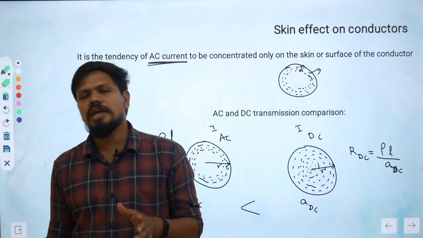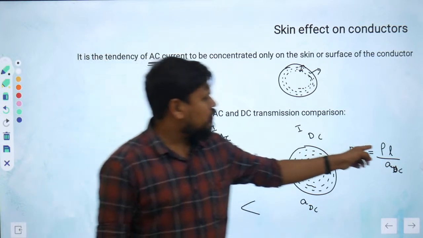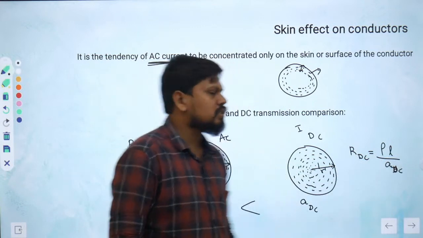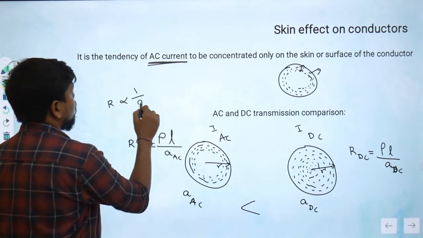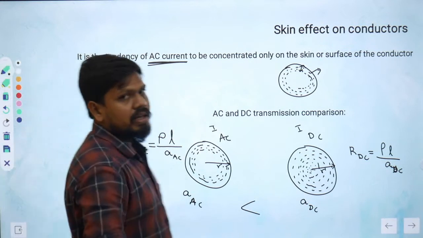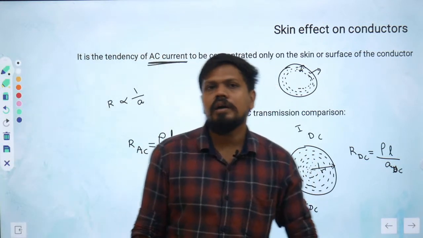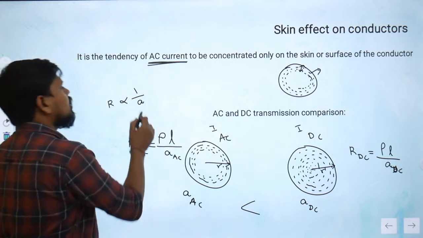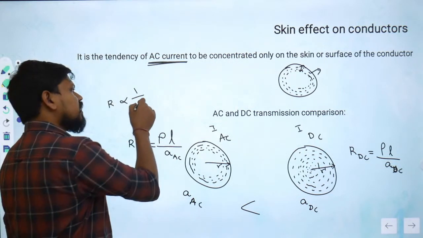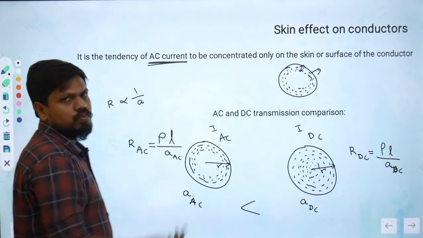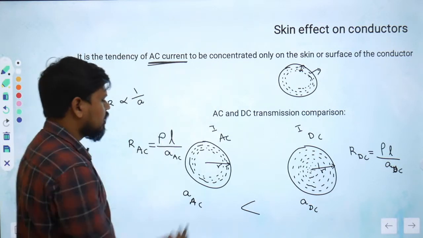Whenever length is not changing, the rho value is the same and the L value is the same, and R is inversely proportional to the area. So if area is more, resistance is less. If area is less, resistance is more. Inversely proportional, right?